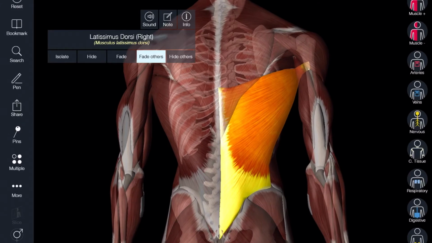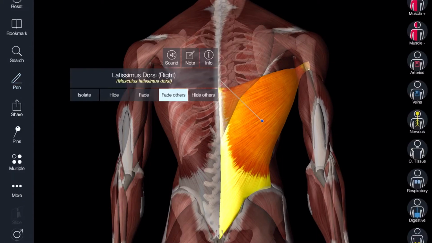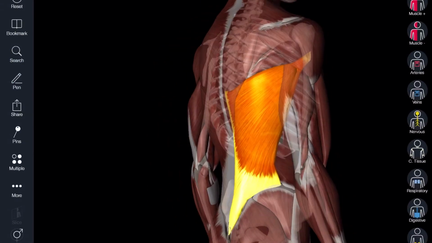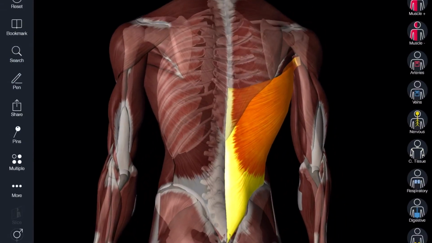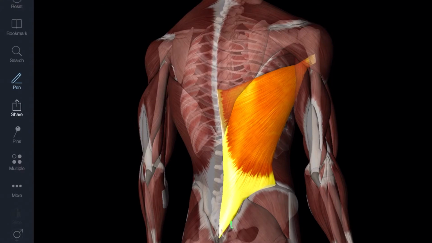So the spinous processes of T7 to L5, the posterior sacrum, so it goes down further than the lumbar spine, so it goes down into the sacrum, which you can see here. So here's the sacrum in through there, and Latissimus dorsi is attaching there, and the posterior iliac crest. So this is another thing that we haven't really looked specifically at yet, but the posterior iliac crest is along here.